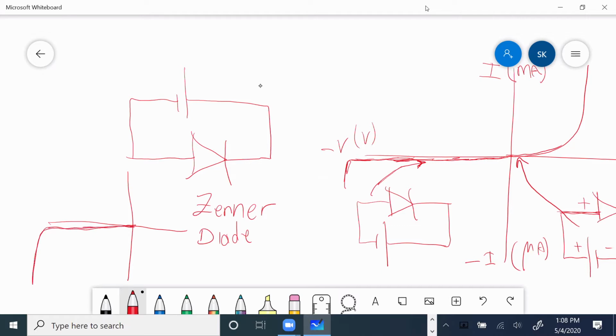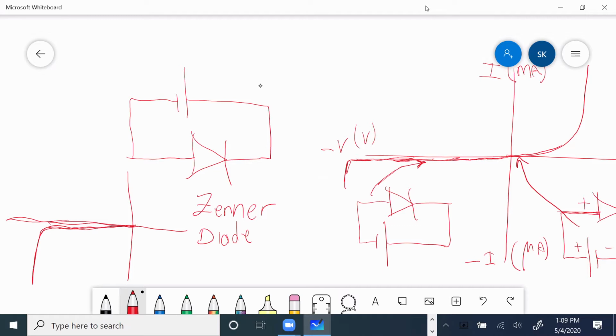That means the current suddenly starts flowing after certain voltage, but then it can be reused. This diode will not be destroyed. It can be reused, and that is called Zener diode.